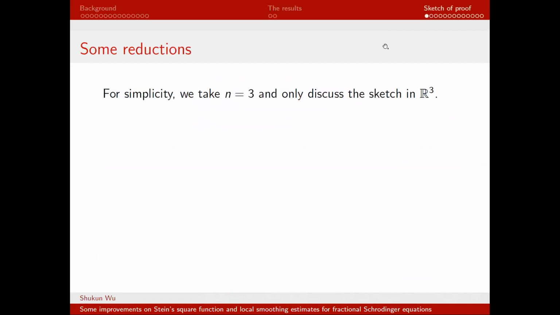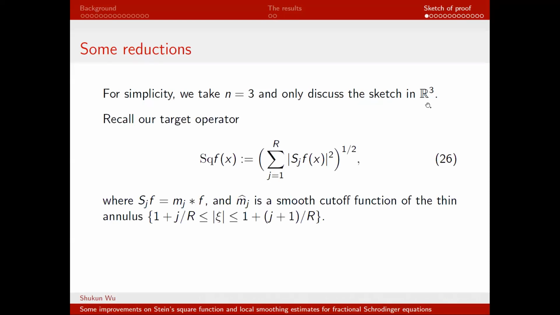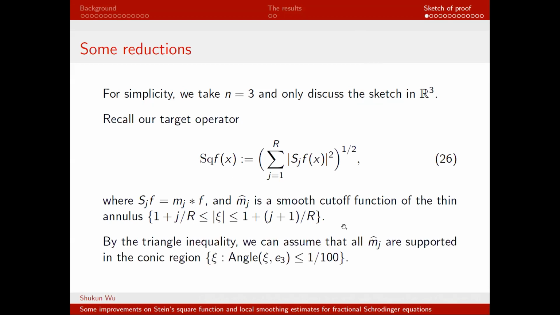Now let me give a sketch of the proof of both of our results. For simplicity, and to help you digest our main idea, we just take n equal to 3 and restrict our discussion to R^3. So here are some basic reductions. Let's first recall our target operator, which is this discretized square function.